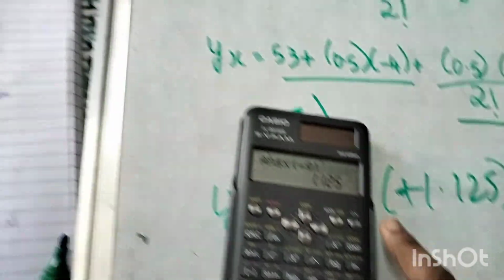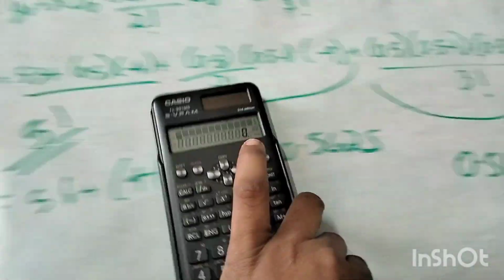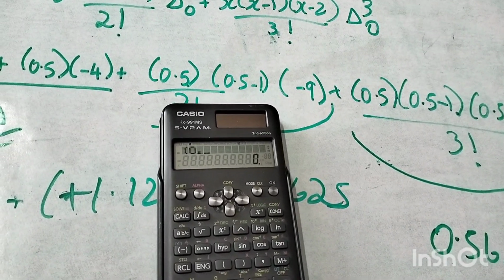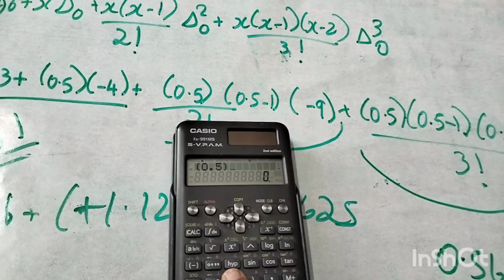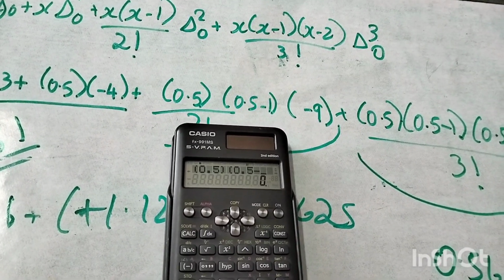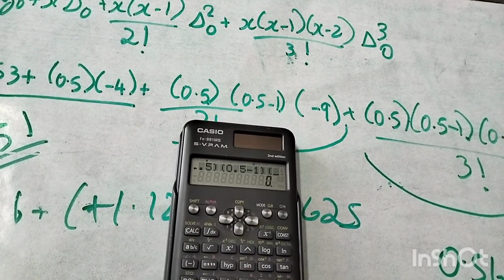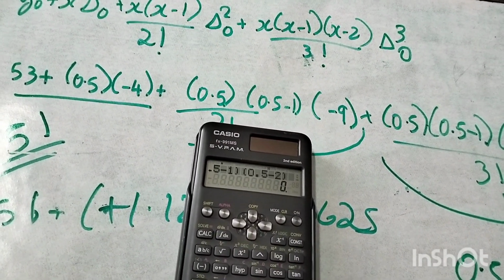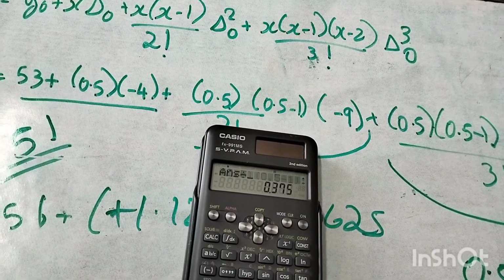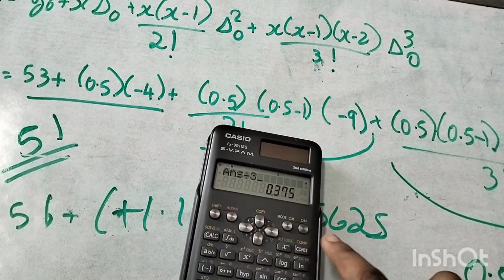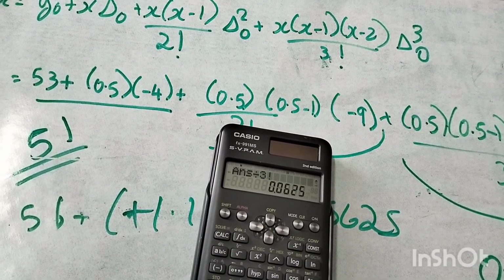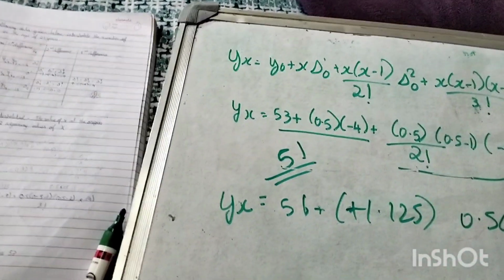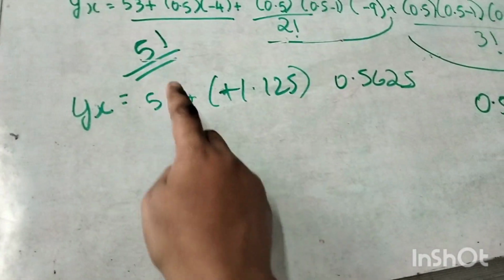I've written that down. And then next is the third lot. Open the bracket, 0.5, close the bracket, 0.5 minus 1, close the bracket, open the bracket, 0.5 minus 2, close the bracket, equals, and then divided by 3, shift, factorial, equals, into 9, equals. So you get 0.5625.